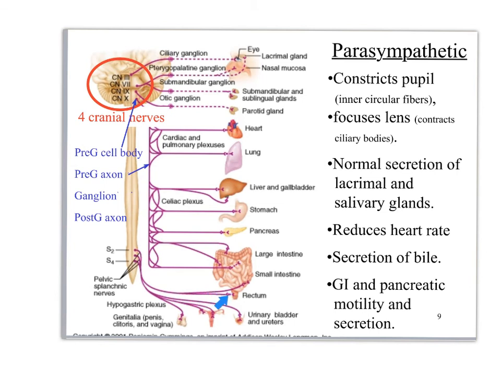The ganglion is going to be near the target organ where it's going to synapse with the postganglionic axon, and the postganglionic axon is going to be short and go directly to the effector organ. And that is the basic setup for the craniosacral origin of the parasympathetic.